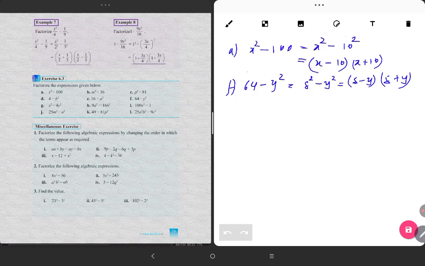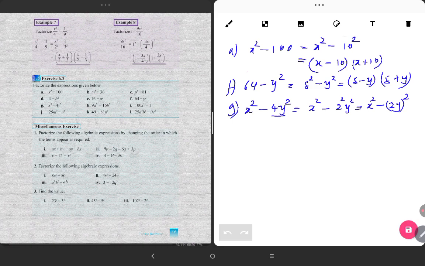Let's do g, x squared minus 4y squared. Here the tricky thing is x squared, you have to write it like this. Here this 4y squared, 4 is 2 times 2, so I can write it like 2 squared y squared, and then I can write this 2 squared and y squared as 2y squared.